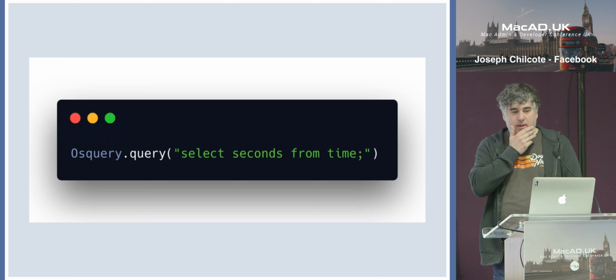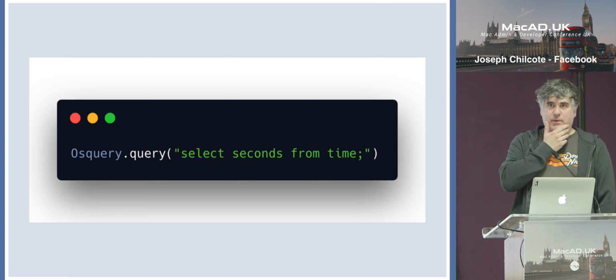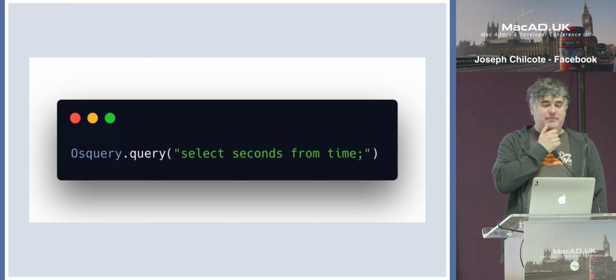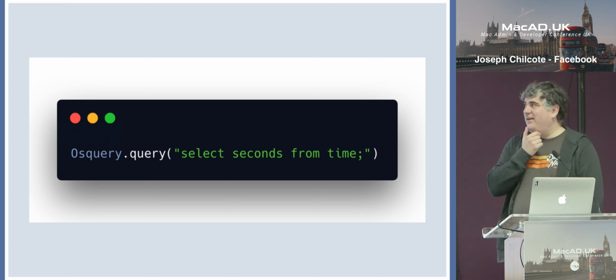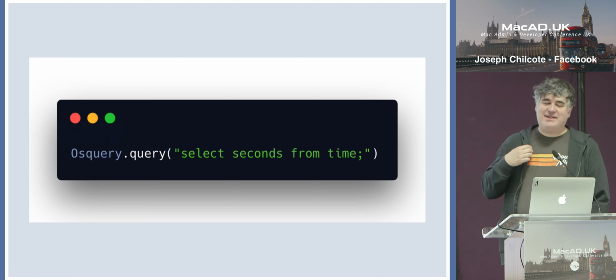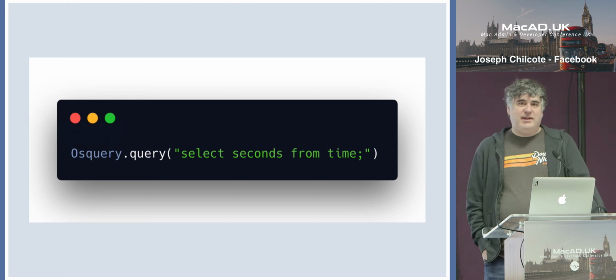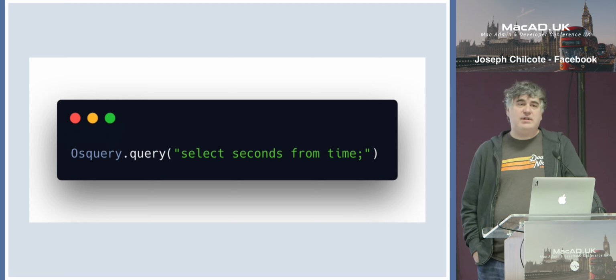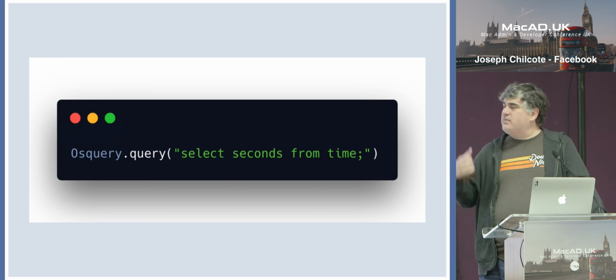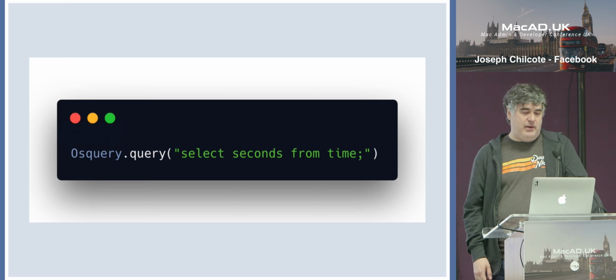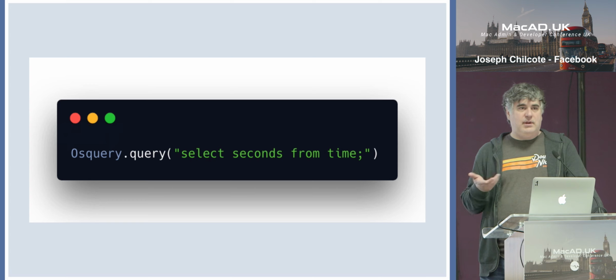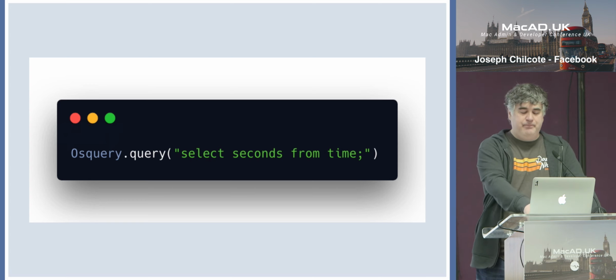Any OSQuery query that you can run in the interactive mode can also be passed directly to this node function in Chef. So if you just want, I think this is just pulling the seconds from the time counter. So anything that you could do in OSQueryI, that SQL query, you just pass directly in.